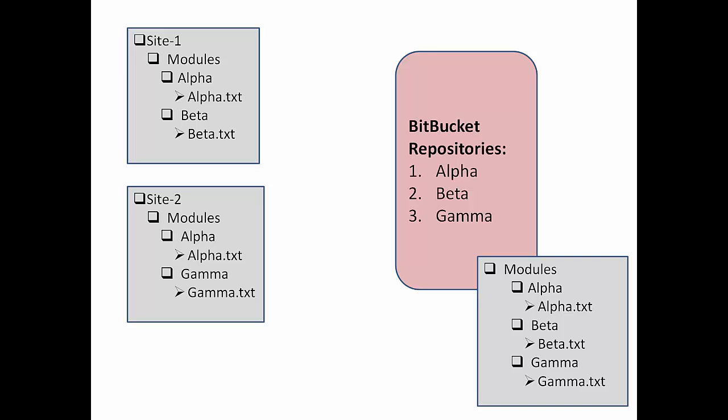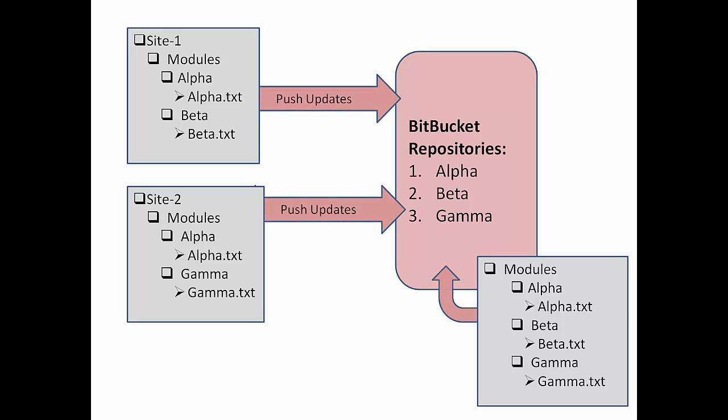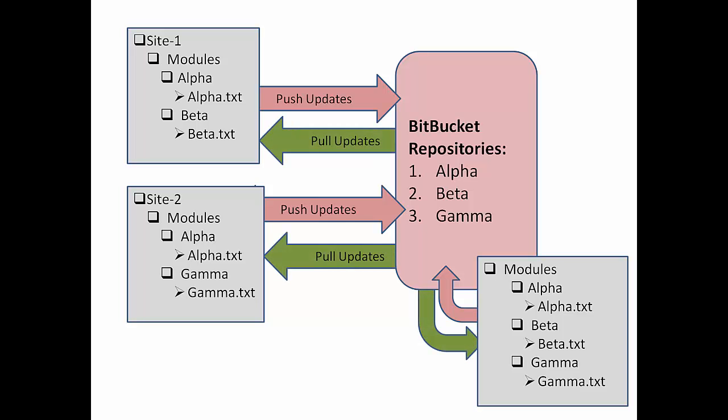Here's the way it plays out. When we've got that all hooked up, all we have to do is push updates from wherever we have the folders to the Bitbucket repository, and then pull updates back down from the Bitbucket repository. So if I make a change to alpha in site 2, I don't go up and update the modules folder directly. I check the updates in, push them up to Bitbucket, and then go over to modules and pull them down from there.